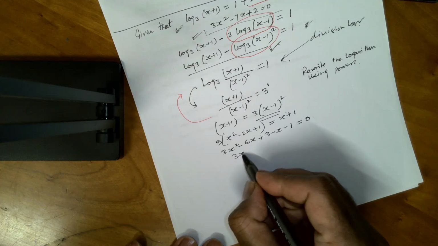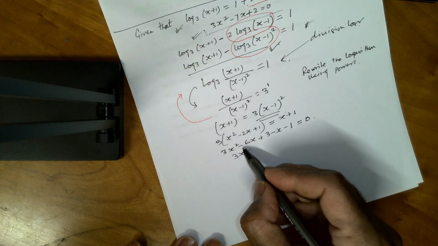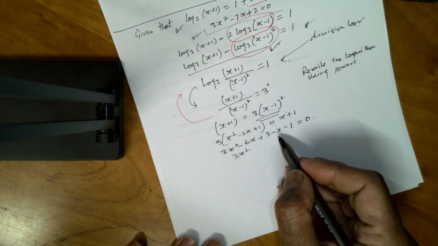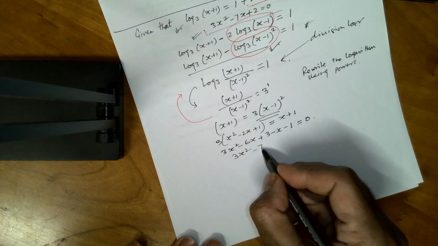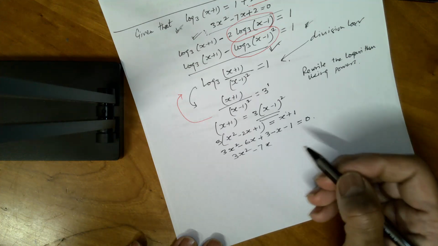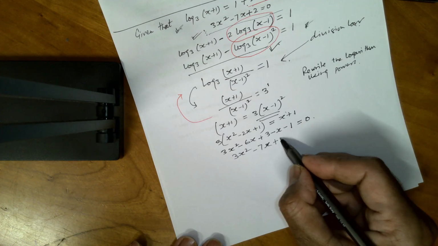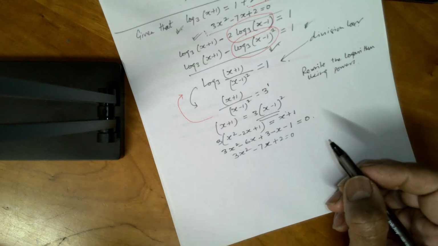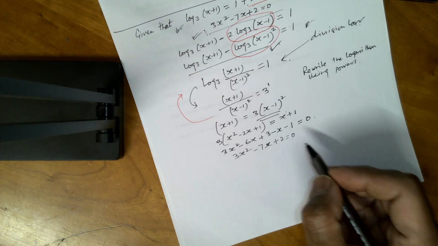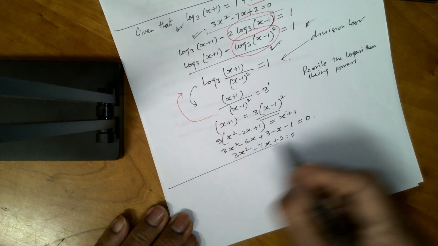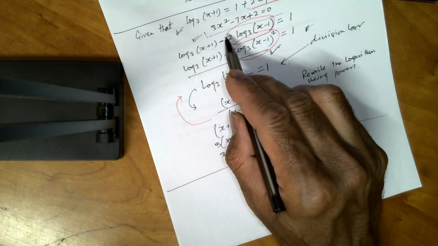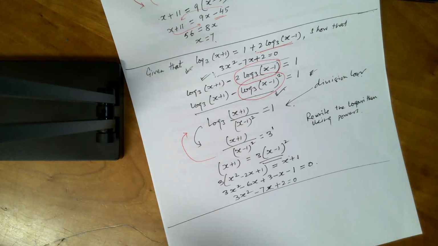What we get from here, 3x squared, we got minus 6x and minus x here, that gives us minus 7x. Then we got here 3 and minus 1, so that will give us plus 2 equal to 0. So this is what we got from above. I hope you understand this.